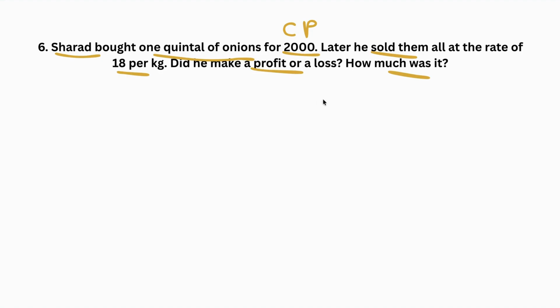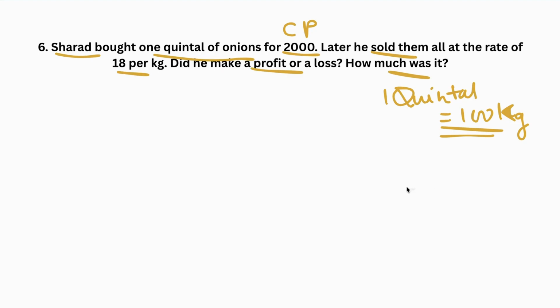So before starting this answer, you should know one thing clearly, that 1 quintal, okay, is equal to 100 kg. Okay, 1 quintal is 100 kg. And if you don't know this, then you can't solve the sum further.